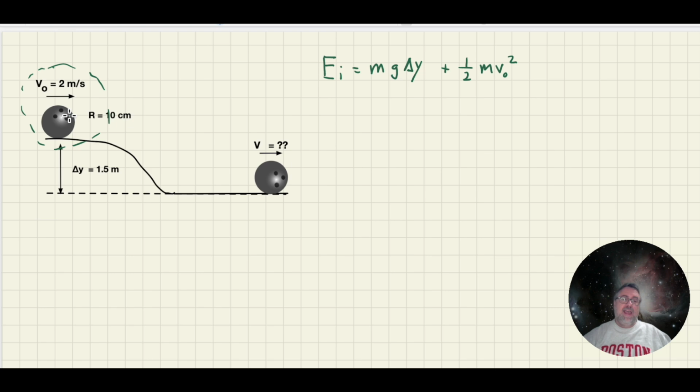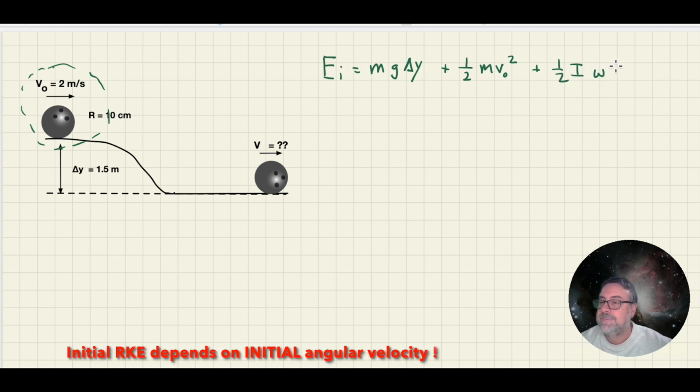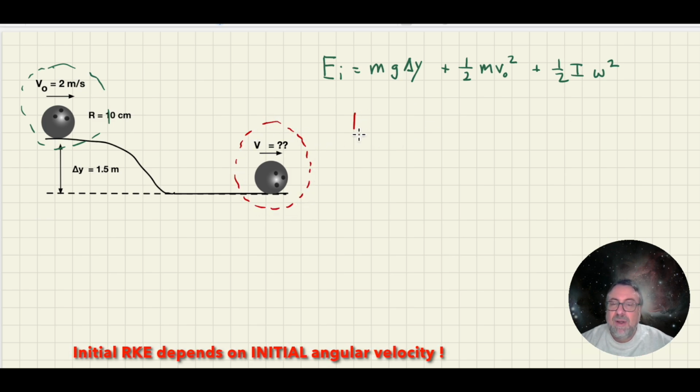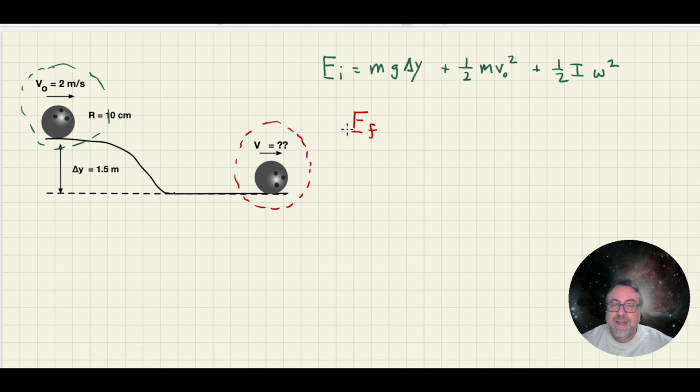I also have rotational energy as the ball rotates. So that is going to be equal to 1/2 the moment of inertia of the ball times omega initial squared. Now, if we consider what happens at the end, well, the energy at the end of the problem, I have now rolled down to the lowest portion, so there is no potential energy anymore.